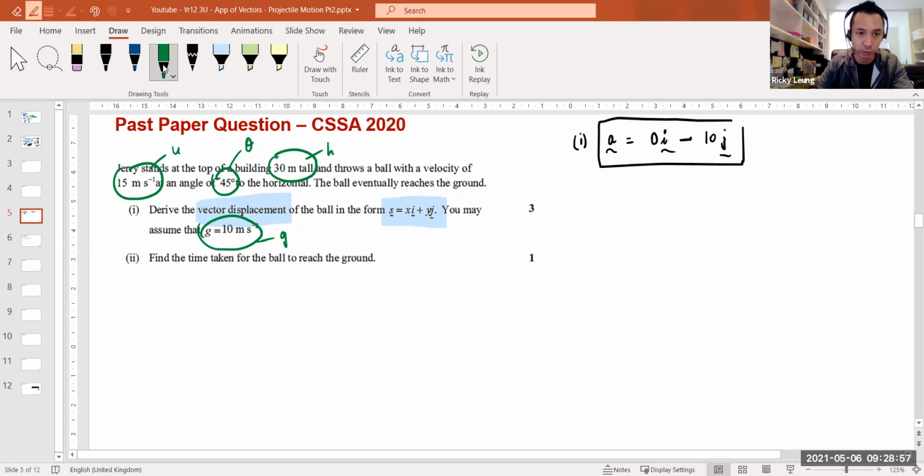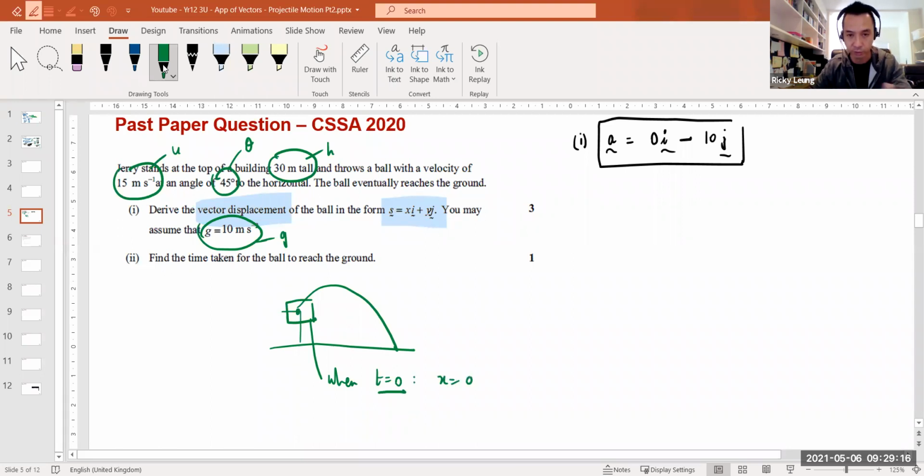So based on all this information, if I was to whip up a quick diagram just to illustrate what this looks like, you have some sort of height. What's important is at t equals 0, what do I know? I know that initial horizontal displacement is 0, but I know that initial vertical displacement is 30 meters.